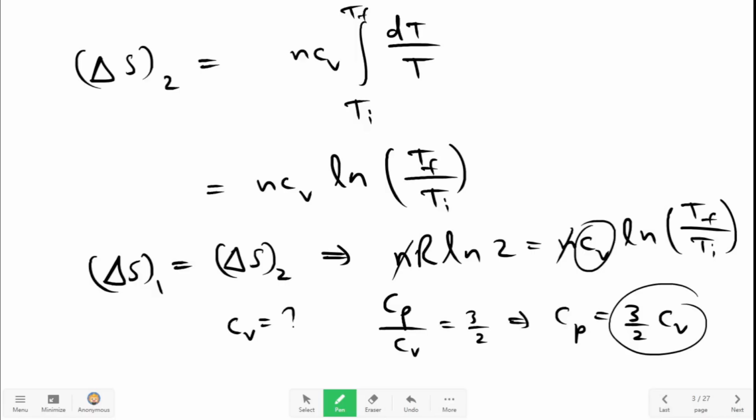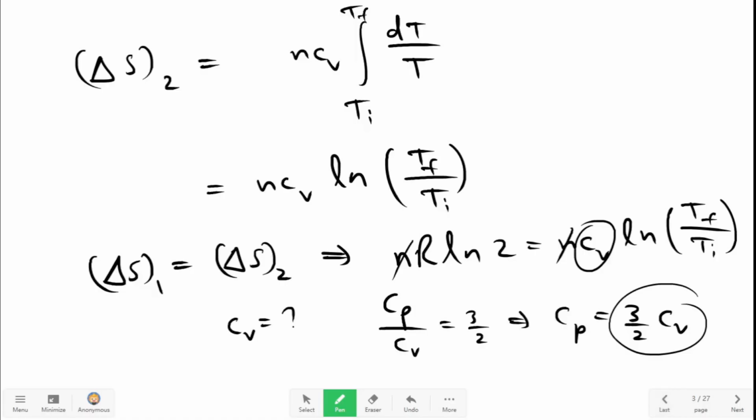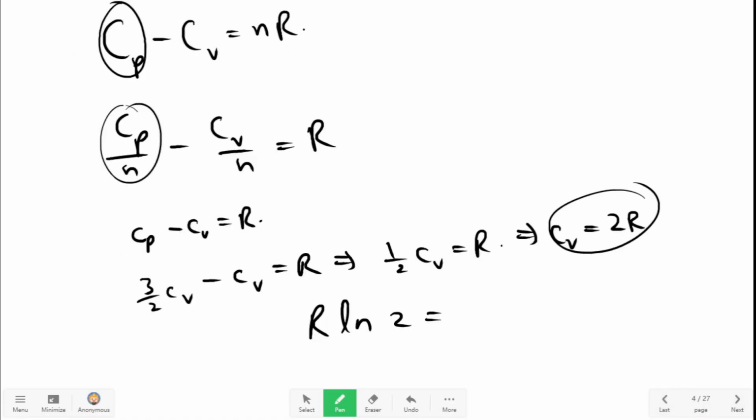Then we will get R ln 2 is equal to 2R ln Tf upon Ti. R gets cancelled.